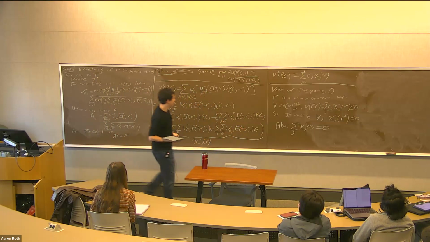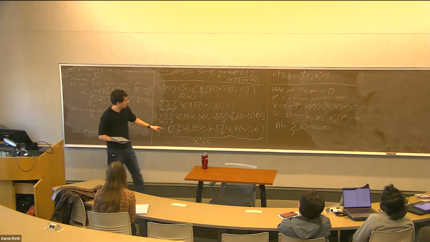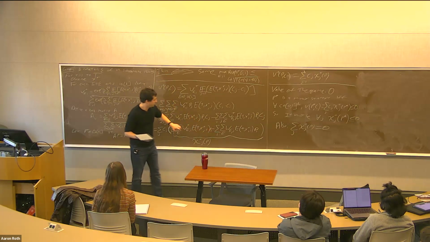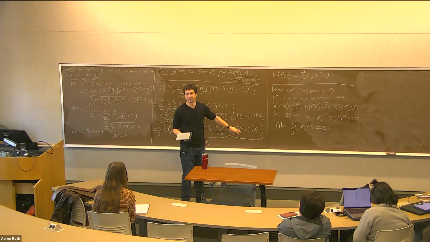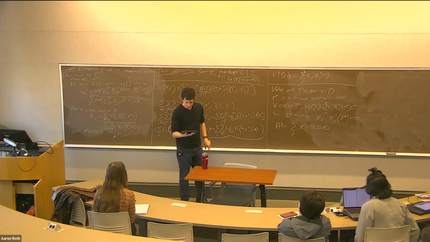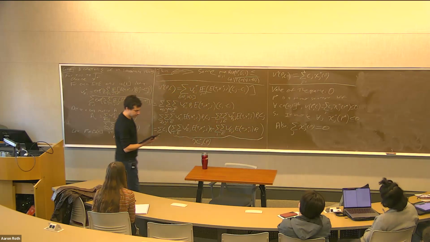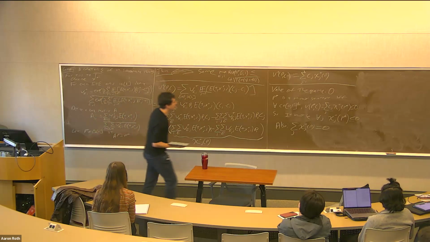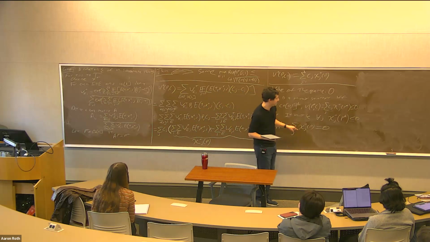So for any distribution, if we sum up over all of the J's of this expression, we have something minus the same thing. So it's 0. Okay, so what do we know? For any distribution, the sum of these chi-j's is 0.